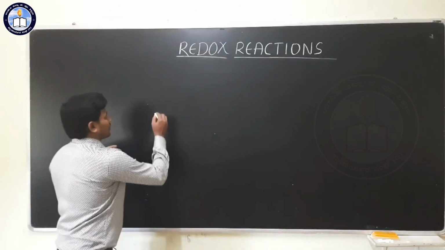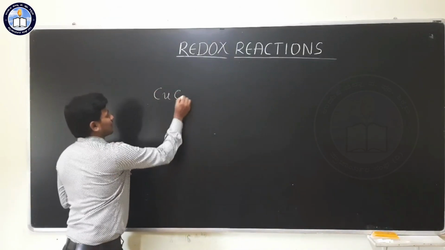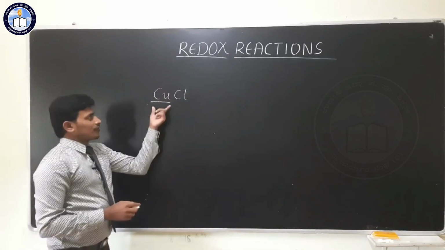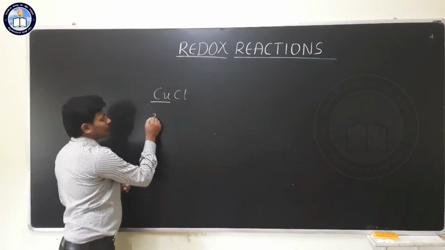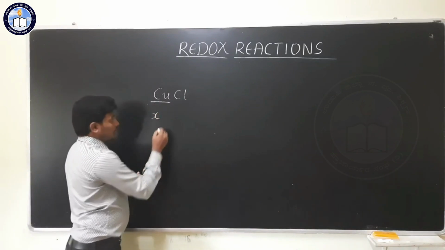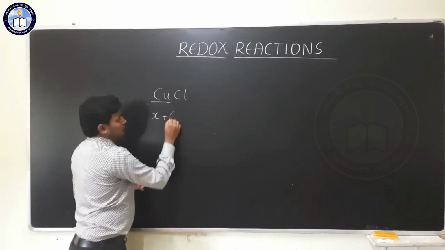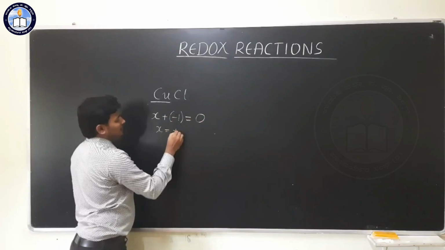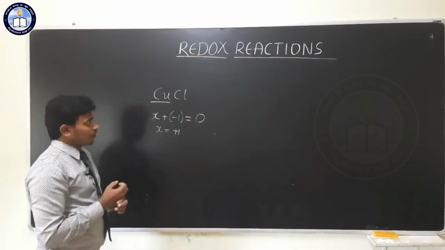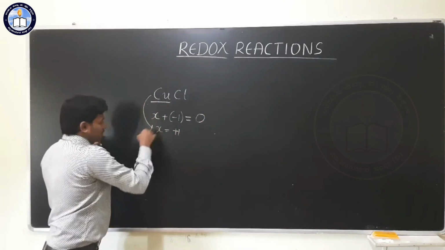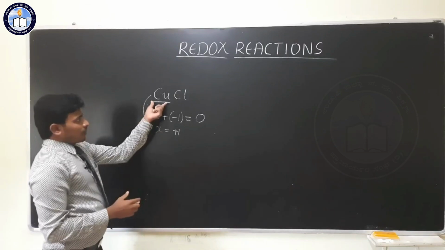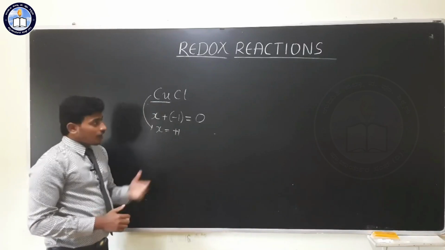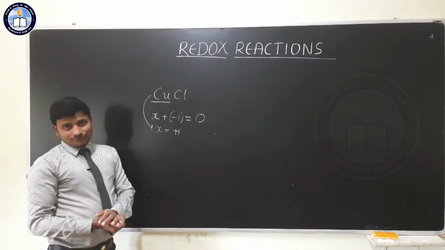If I take another example here, CuCl. In order to find out oxidation number for copper, we can write here for copper as X plus Cl is minus 1, that is equal to 0, X equal to plus 1, isn't it? Up to this much is clear. We know that copper is having plus 1 oxidation state. But how to represent that one?